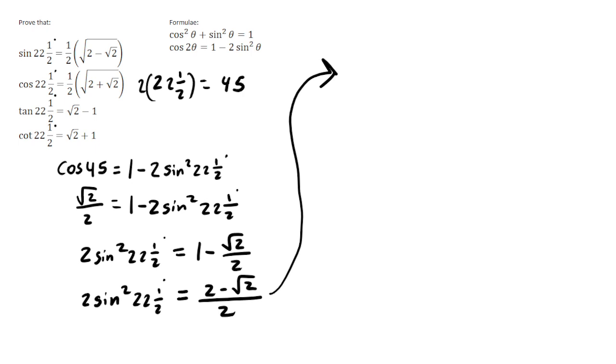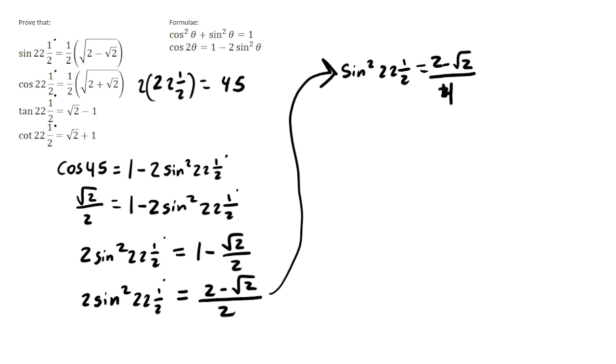If we move this 2 down to this denominator, we get sine squared 22.5 is equal to 2 minus root 2 divided by 4.